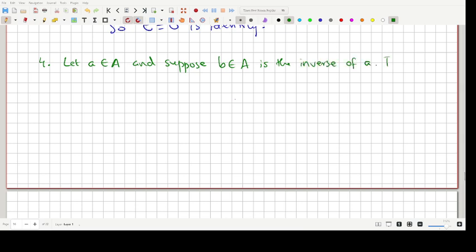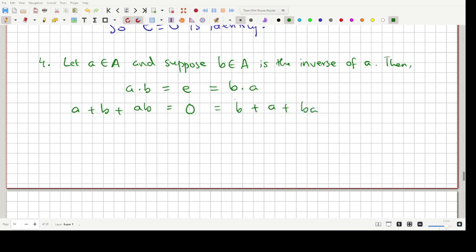So what will happen then? Then A dot B should be equal to E, and that should be equal to B dot A. I beg your pardon, this should be B dot A. Okay, so this implies that A plus B plus AB should be equal to 0, and that should be equal to B plus A plus BA.